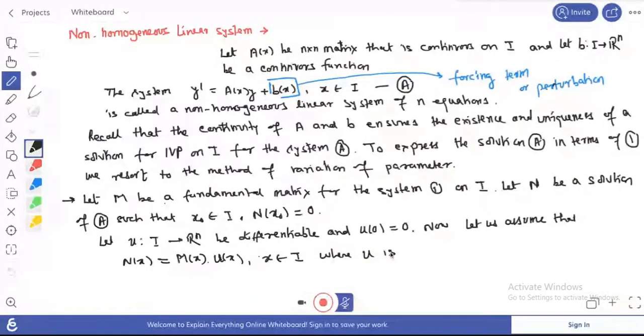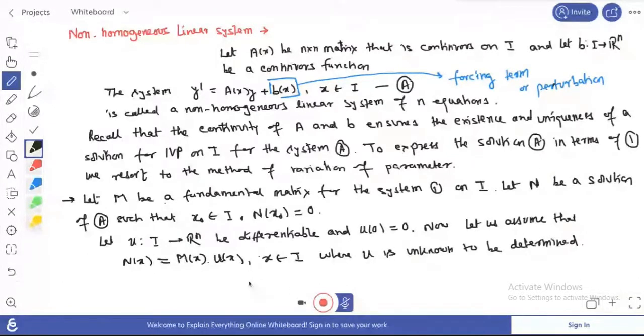So U is basically unknown, and we are trying to find the value of U(x). This is to be determined.